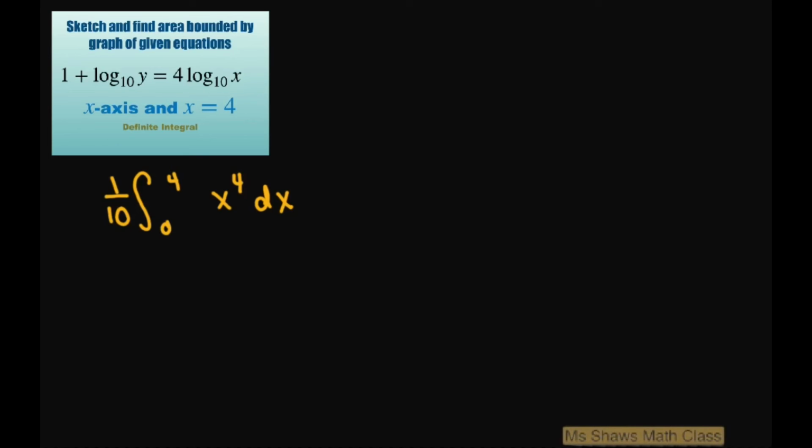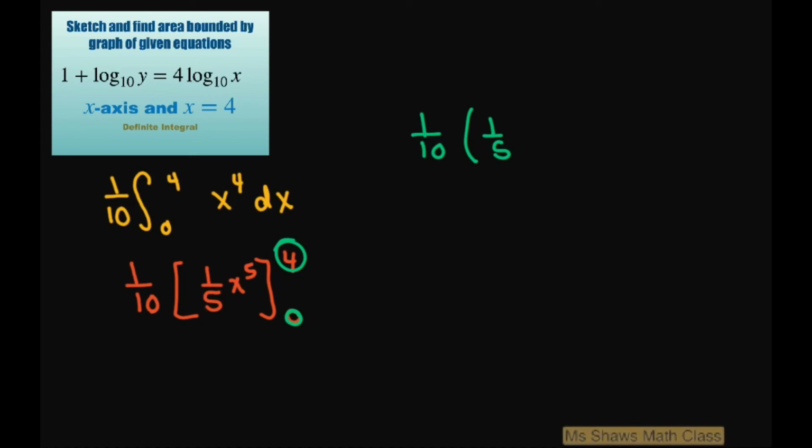This is going to give you 1/10, and then we have 1/5 x to the power of 5, and we're evaluating this from 0 to 4. Of course, if you substitute in the 0, that's just going to be 0, so we only have to look at the 4. So we're going to have 1/10 times 1/5 times 4 to the power of 5.